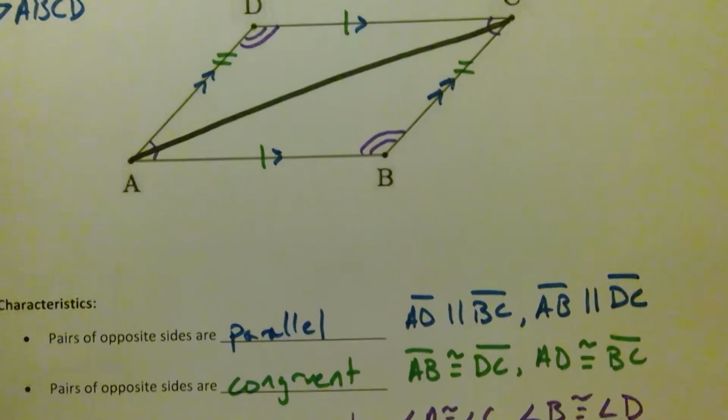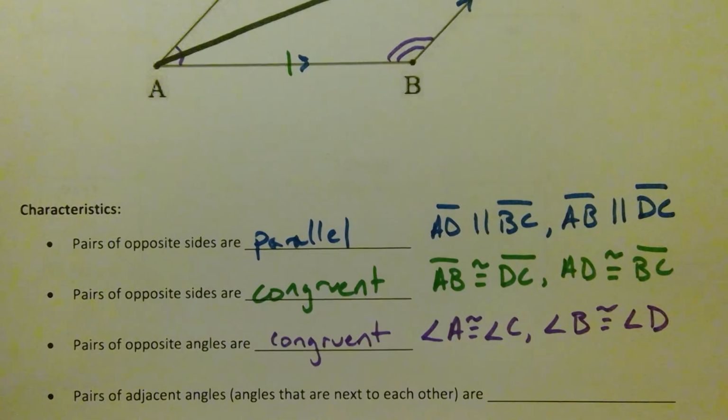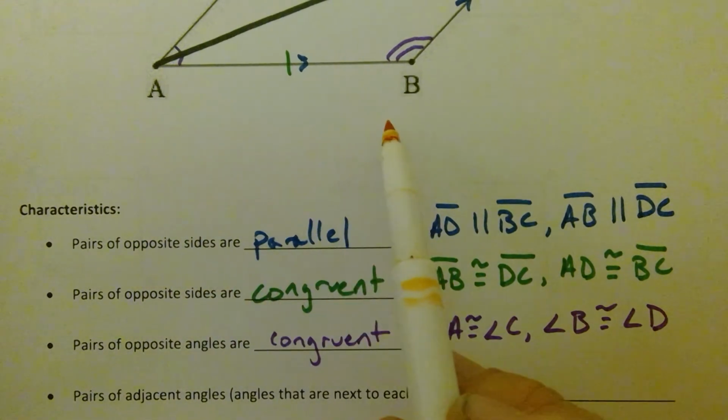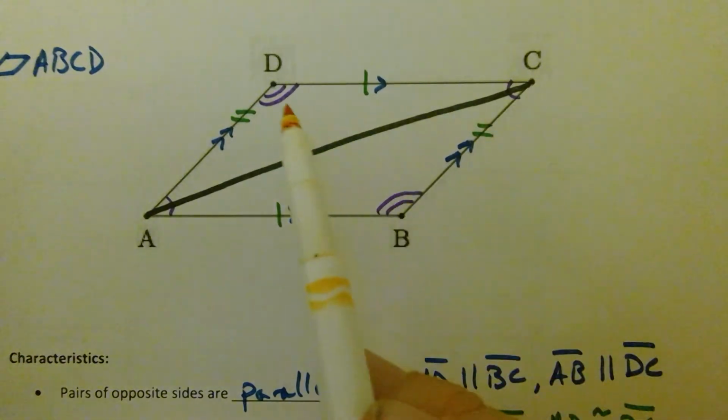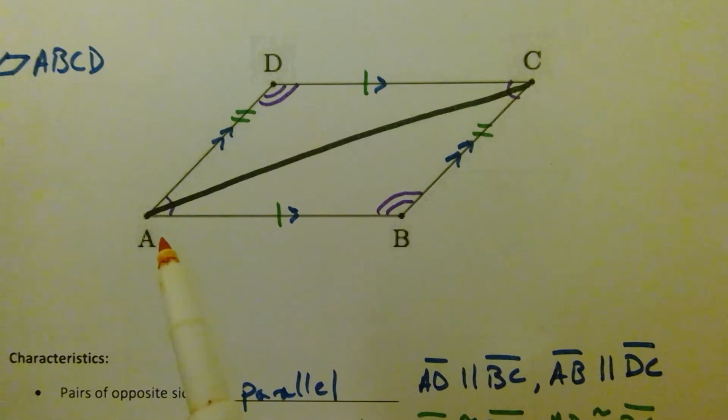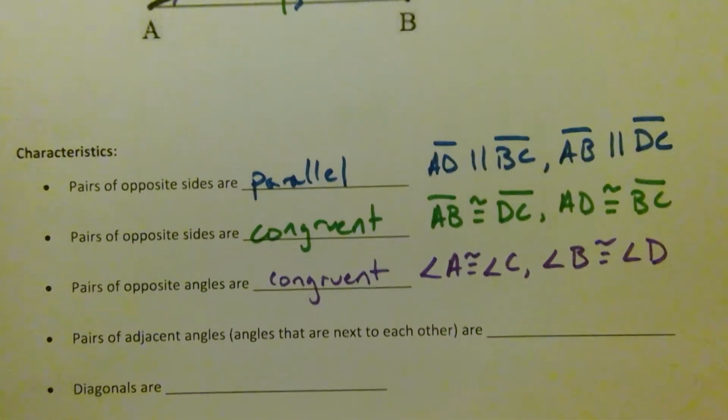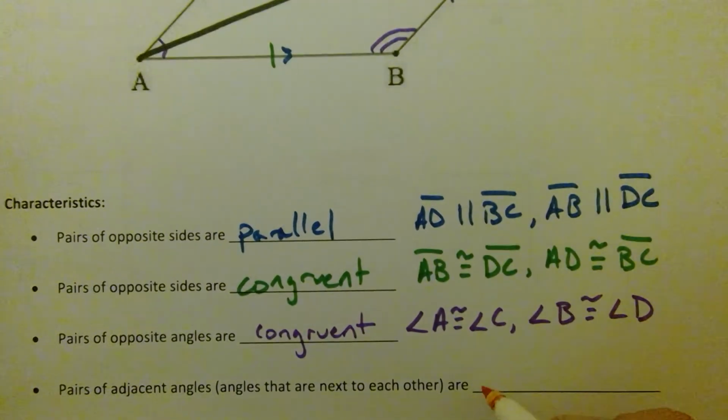So what we know then about our pairs of adjacent angles, that means angles that are next to each other. So A and B are going to be next to each other. B and C are next to each other. C and D are next to each other. And D and A are all next to each other. Those angles are supplementary.